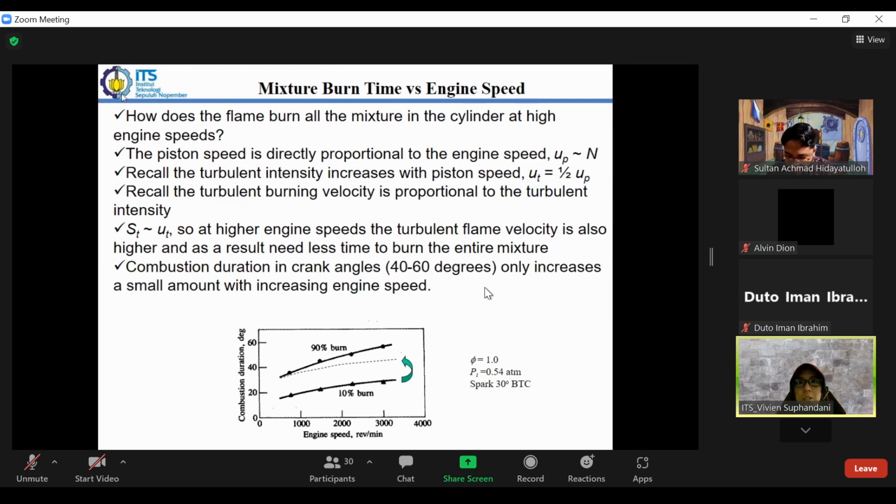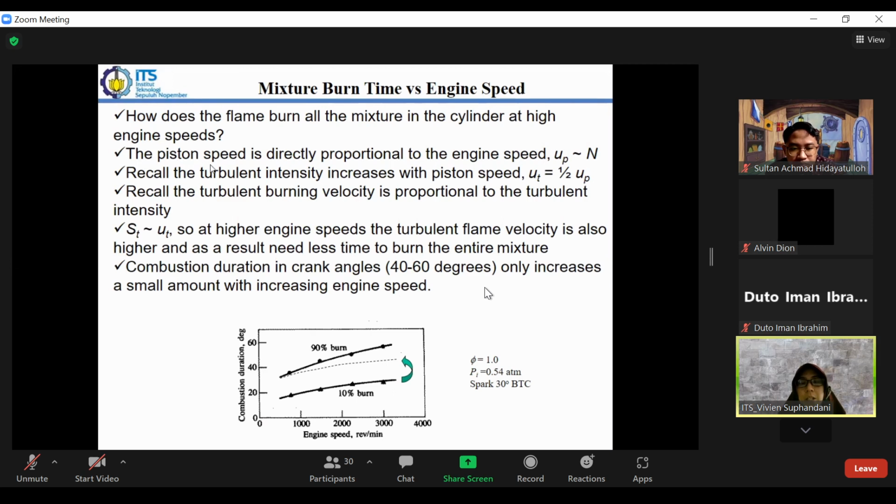So the question is, how does the flame burn all the mixture in the cylinder at high engine speed? Because it's going to be very fast. One thing that we should consider is that there will be an ignition delay in the process. So how is the analysis if we have high engine speed?